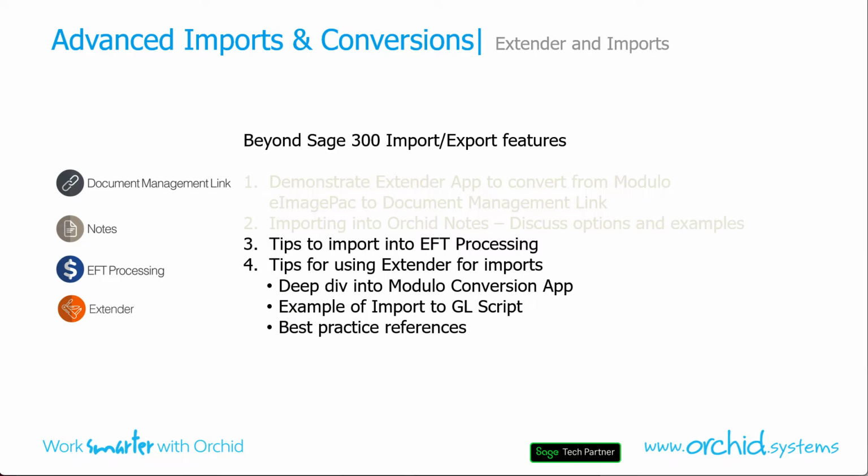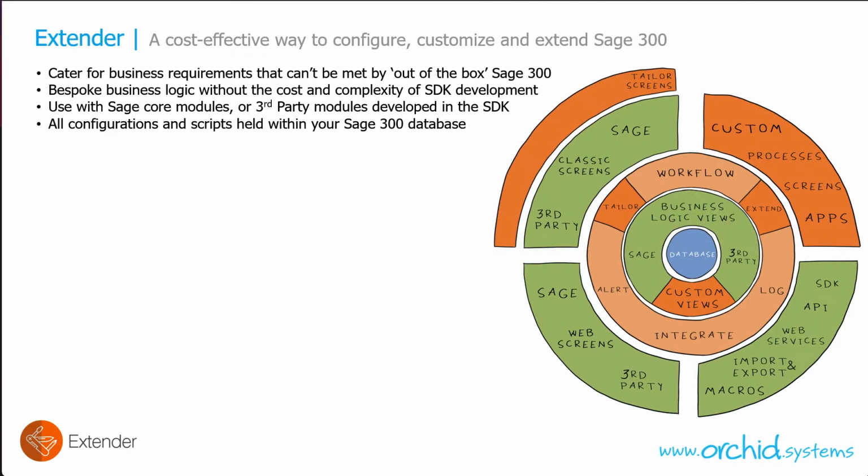We will also look at an example to import into GL transactions from a CSV file, and we will share some best practice references. Many of you know Extender as a cost-effective way to configure and customize and extend Sage 300. You can use it with Sage 300 core modules, and one of the big benefits of Extender is that all configurations and scripts are held within your Sage 300 database.